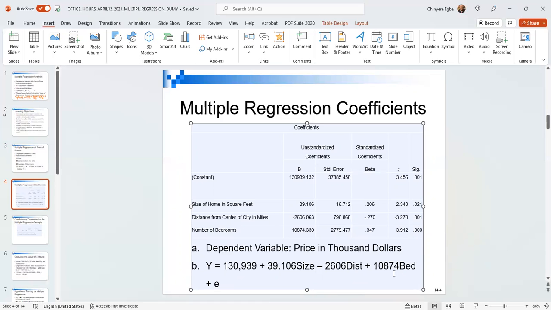If the number of bedrooms increases by 1 more bedroom, then the price of the house will change by 10,874. As you can see, the number of bedrooms really has a big impact on the price of a house. Again, it depends on the way people judge what they want in a house.